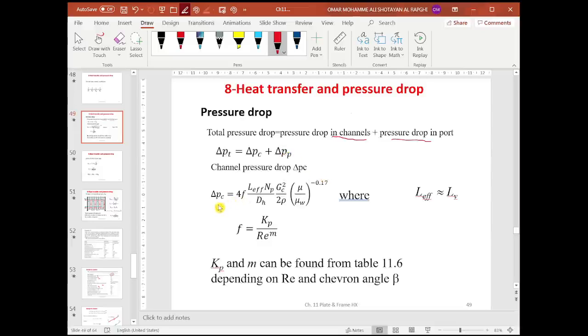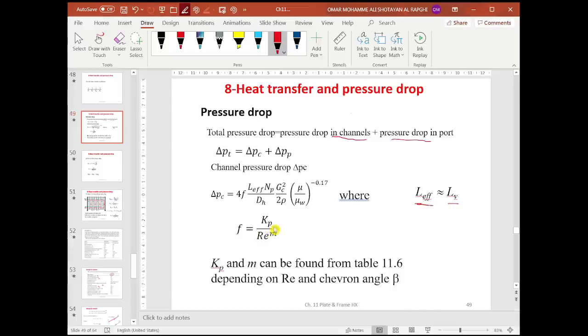The pressure drop in the channel can be evaluated using this expression, which is 4 times f multiplied by the effective length by number of plates, mass velocity squared for the channel, and then the hydraulic diameter, the density, and the correction factor for the viscosity.